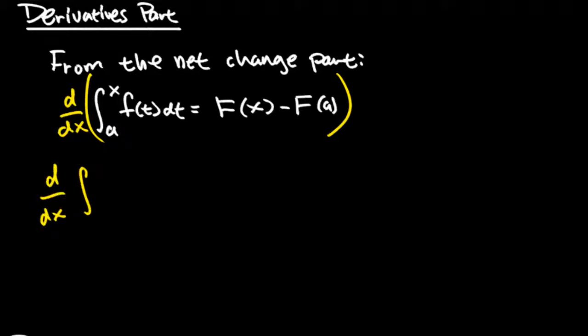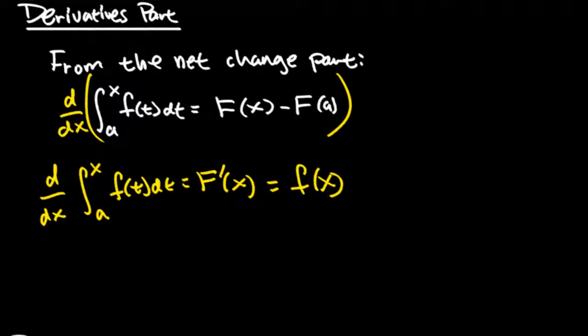The derivative of the integral from a to x of f of t dt equals f of x. Because big F is the antiderivative of small f, by definition that should work because of this whole idea. So let's use that and talk about how this works.